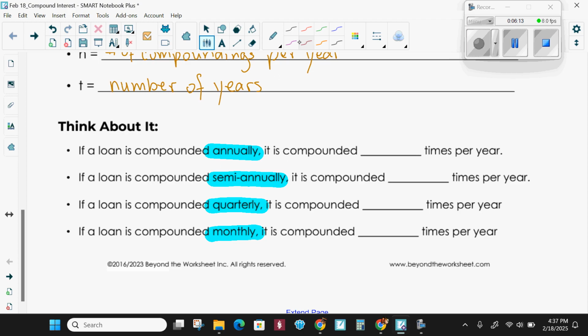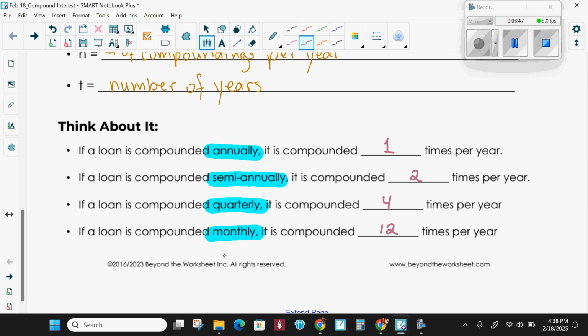Okay, so if something is compounded annually, that means that it occurs once a year. So we compound one time per year. If it's semi-annually, that's every 6 months, so that would be compounded twice a year. And then quarterly is every 3 months, every quarter. So we cut it into 4 equal time frames, so that would be 4 times per year. And then, of course, monthly, since there's 12 months in a year, and if we compound each of those months, we're compounding 12 times per year.